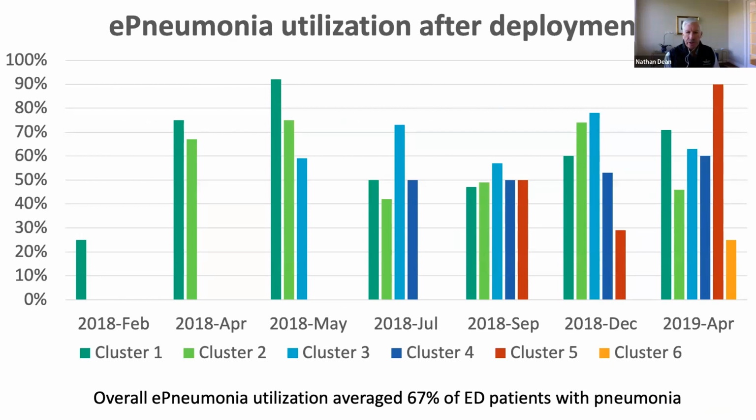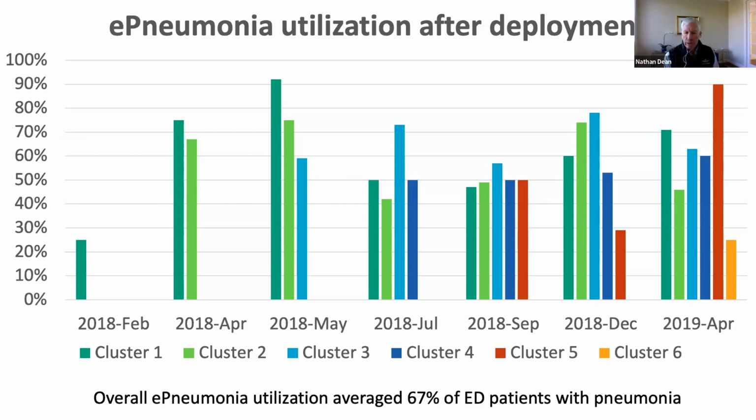So this was a stepwise rollout over these hospitals. You can see this went from February of 2018 to December of 2018, and we measured utilization based on review of clinical notes at regular intervals. While there's some up and down, you can see that basically over time, the different sites gradually increased their use of e-pneumonia, although there was site by site, cluster by cluster variability in the uptake.